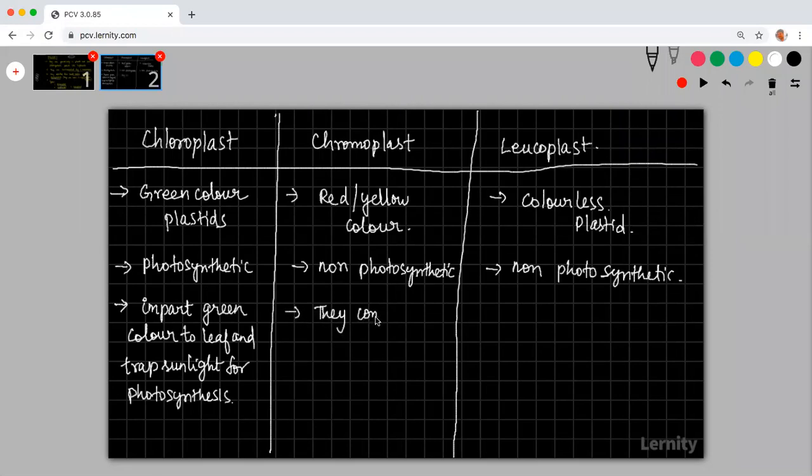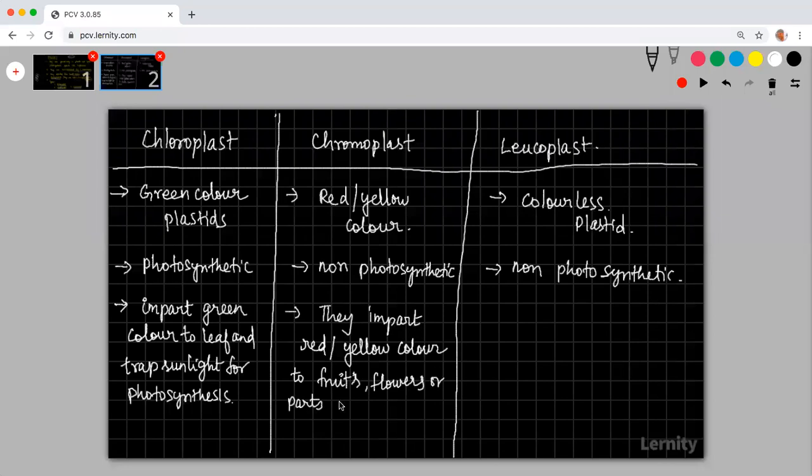Chromoplasts impart red or yellow color to fruits, flowers, or parts of plants.